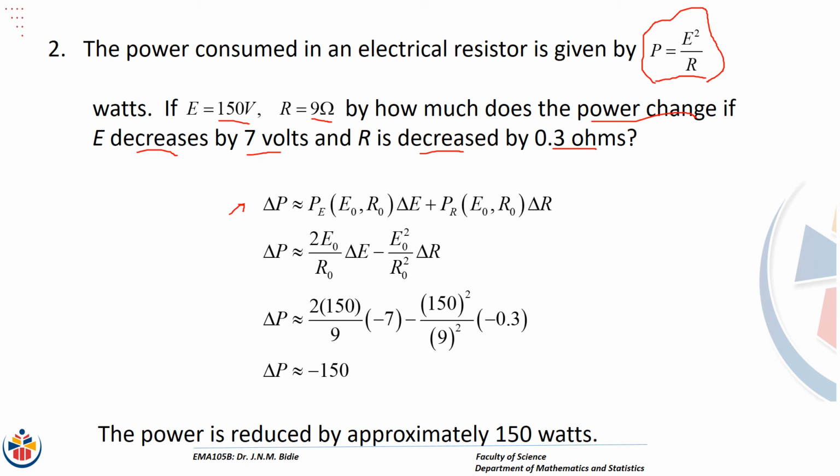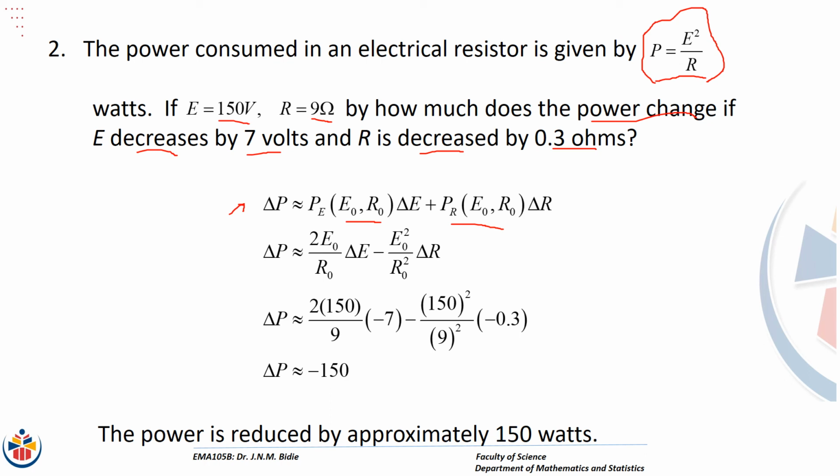And note that we are going to substitute the initial values for E and R, multiplied by delta E, also the differentiation of P with respect to R, multiplied by delta R. So when you differentiate with R, you multiply by delta R. When you differentiate with respect to E, you multiply by delta E.